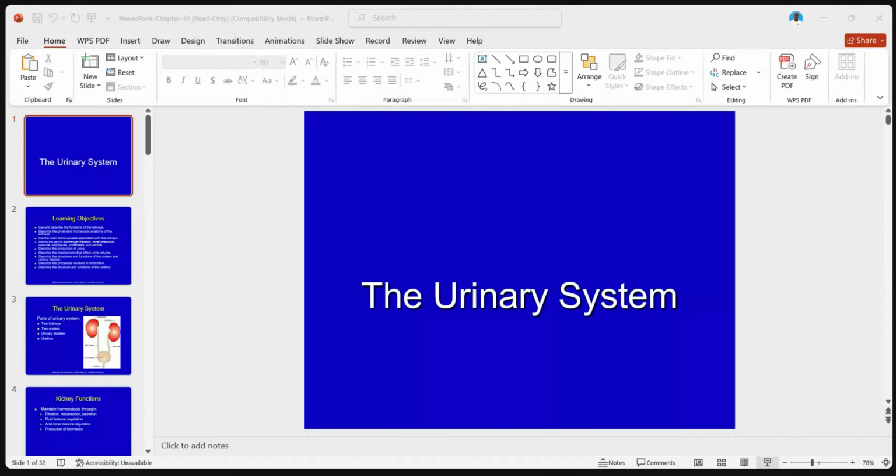I believe this should be one of the simplest systems. So we have the urethra, which actually eliminates urine. That is its main purpose. Urine, and also, of course, a transport tube. So we have the urethra.